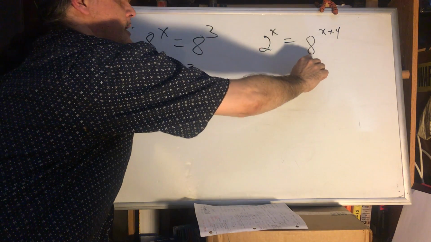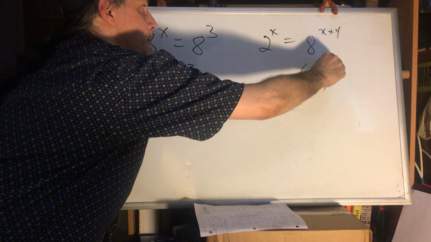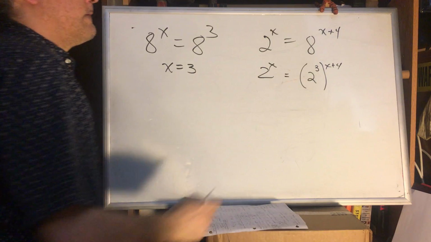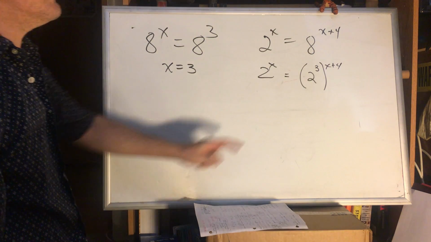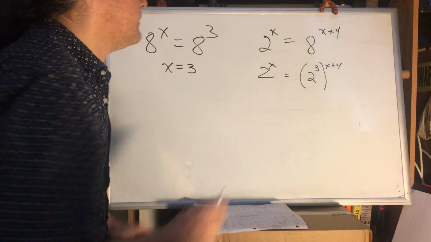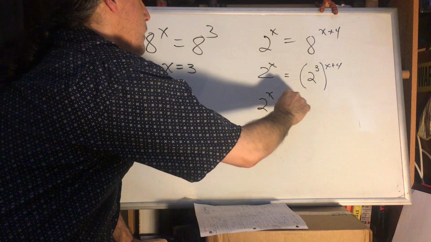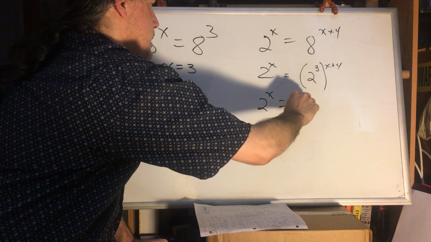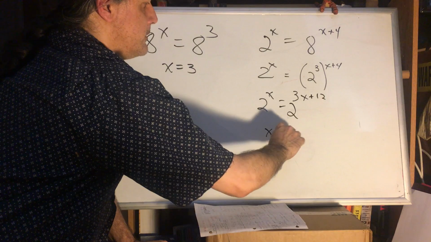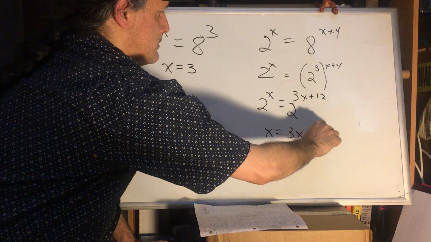So for instance, 8 is the same as 2 to the third. All right, now you can do the distributive property, because remember, power is outside parentheses. You multiply. All right, now the bases are the same. You can just put the exponents equal to each other.